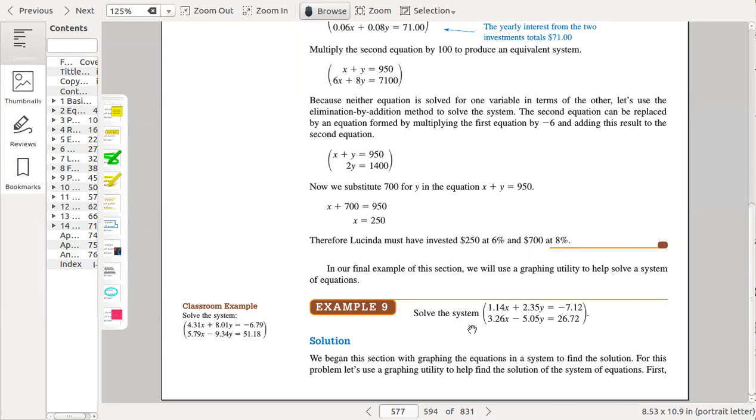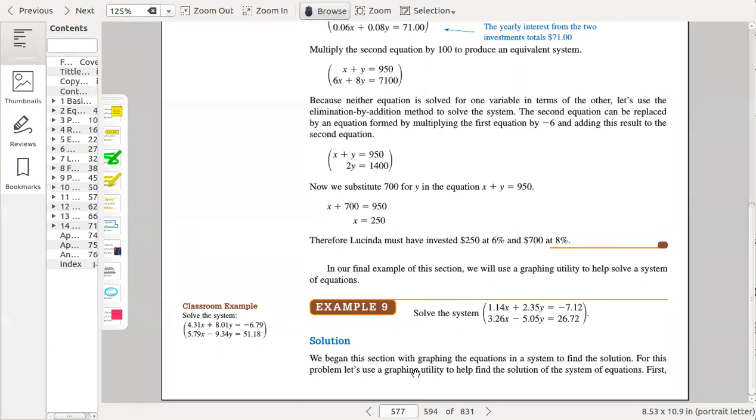A simple way is to multiply both equations by 100 and you will be freed from the decimal point, because 1.14 can be written as 114 divided by 100. Then you can solve as we have solved the previous examples.